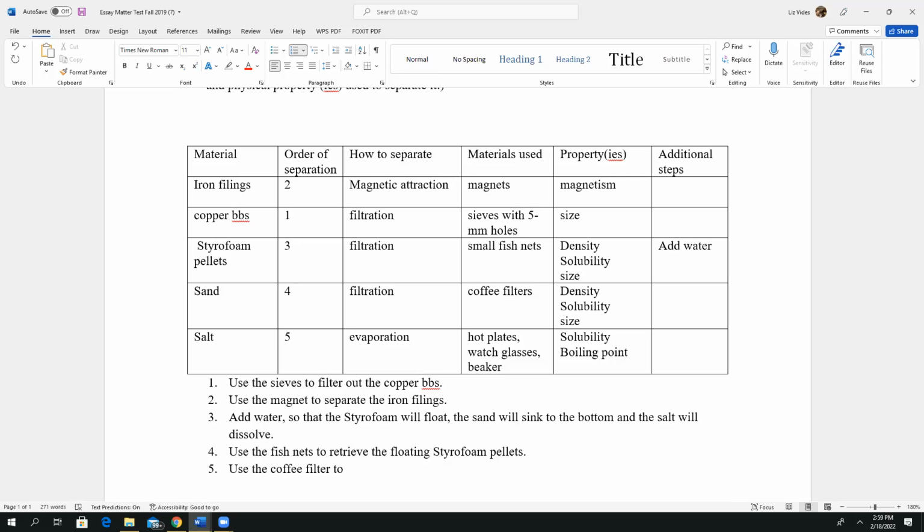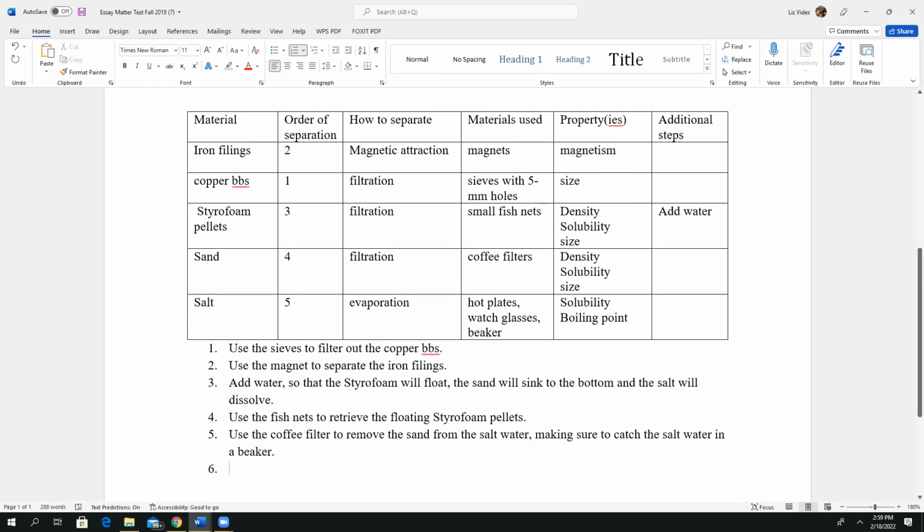Remove the sand from the salt water, making sure to catch the salt water in a beaker, right?